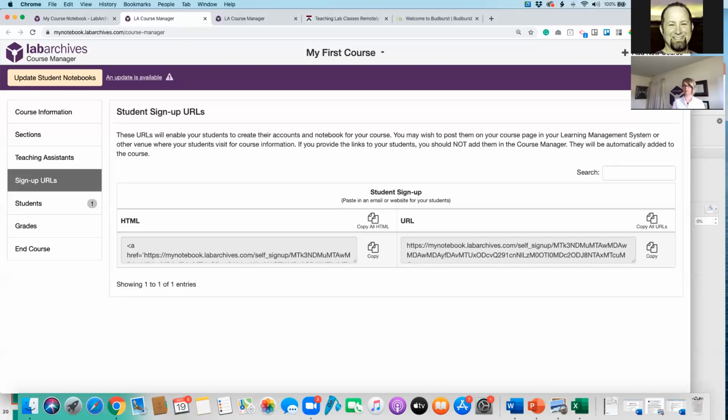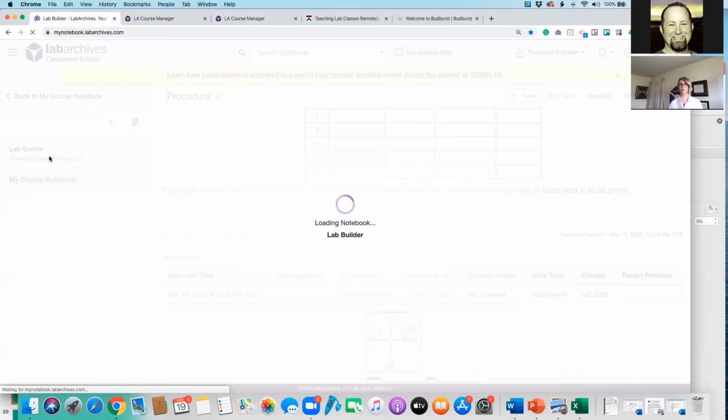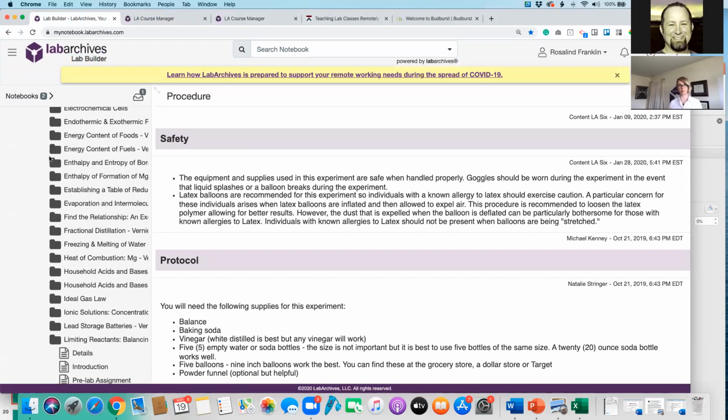Our typical cost is $20 per student per semester per course. There's other pricing structure, but that's the typical pricing. And that would include access to LabBuilder for the instructor to pull anything they want.